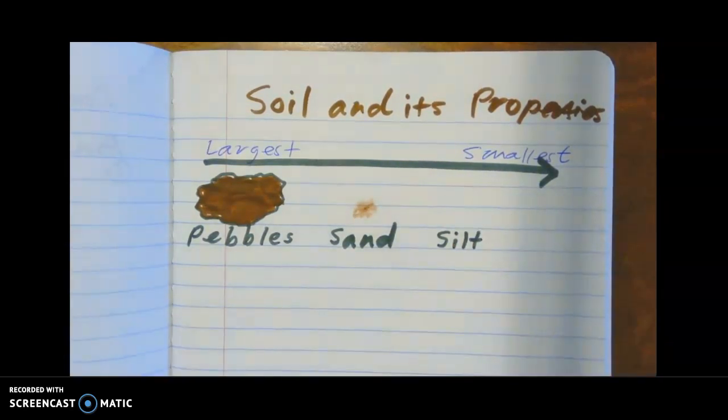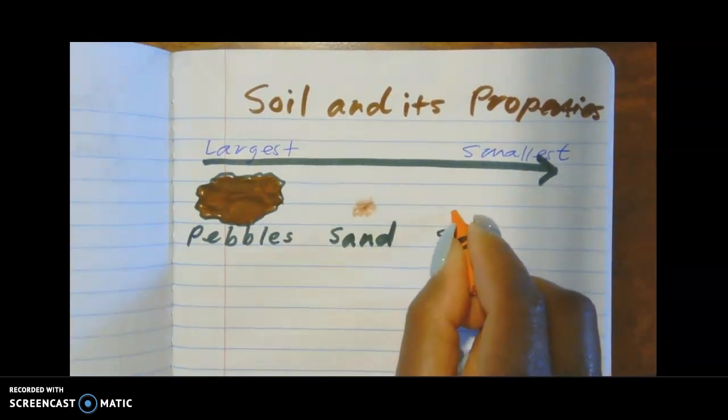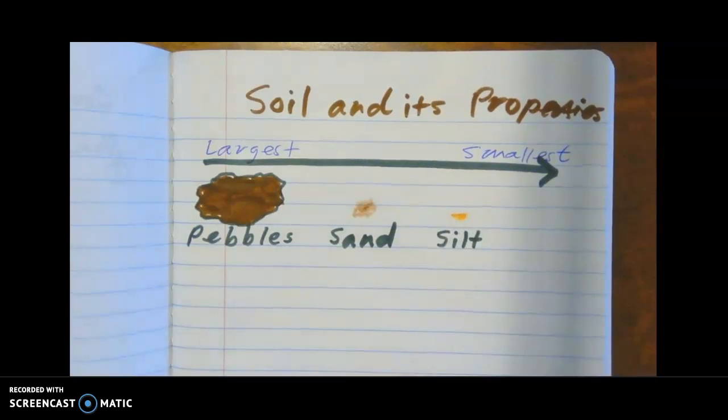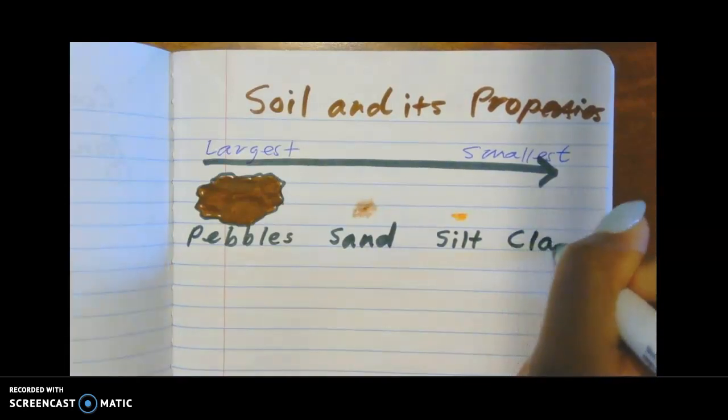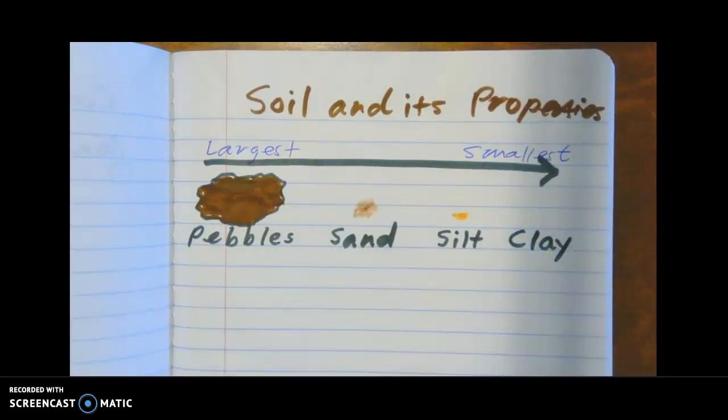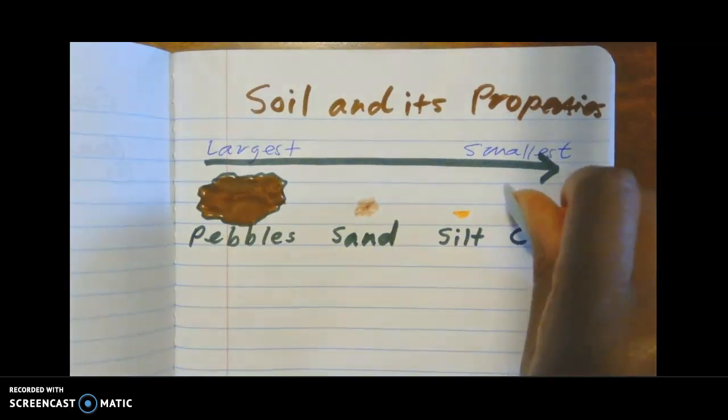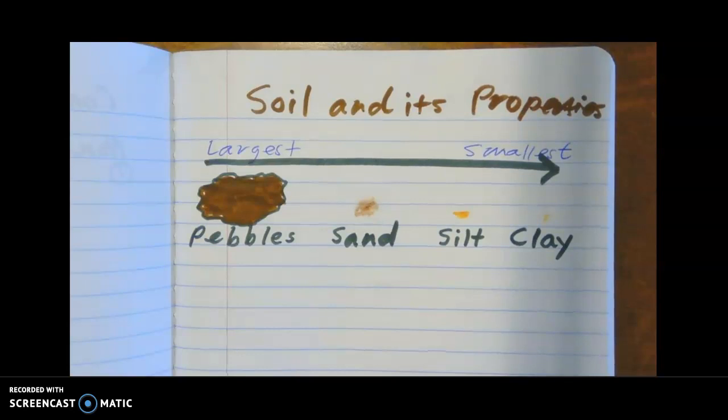Little bitty bit here. And last we have clay, which is even smaller.